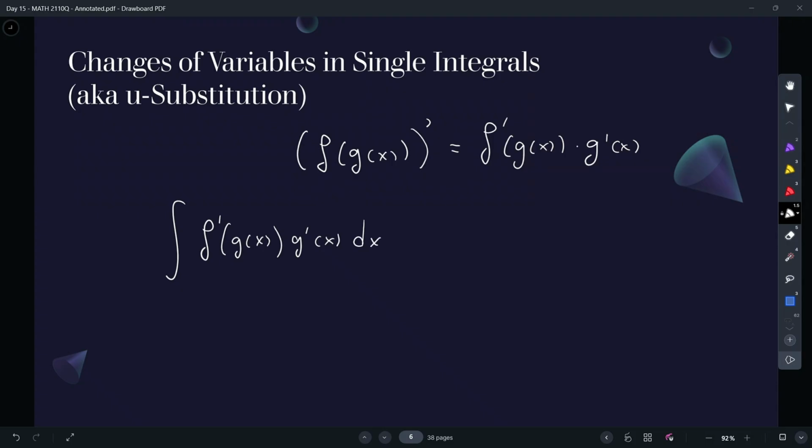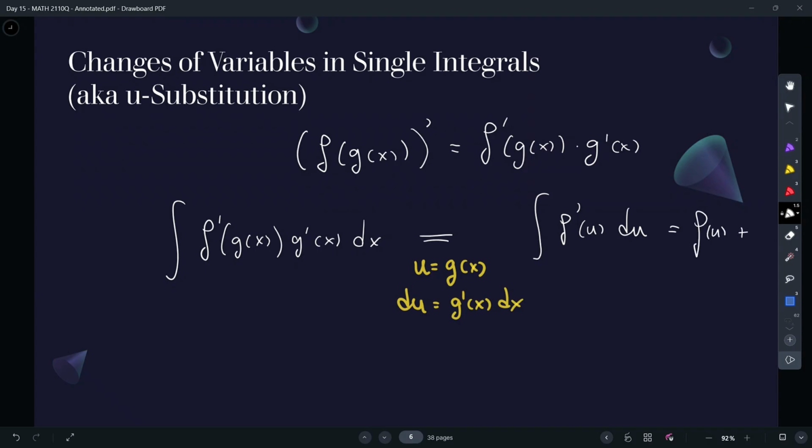then what I'm going to do is a change of variables. The change of variables that we do here is call U that function g of x, and du is going to be g prime of x dx, and that gives me a way of transforming that integral into an integral of f prime of u du, which has f of u plus constants as an antiderivative.